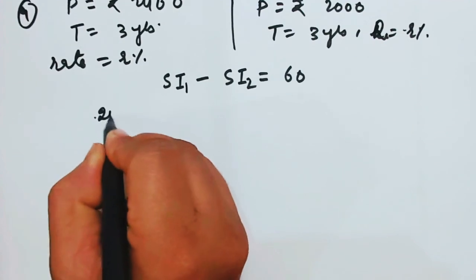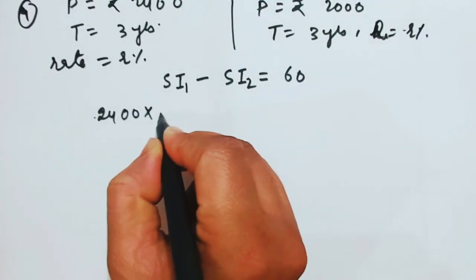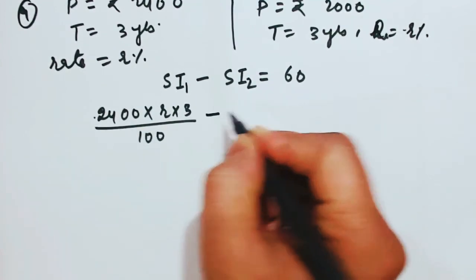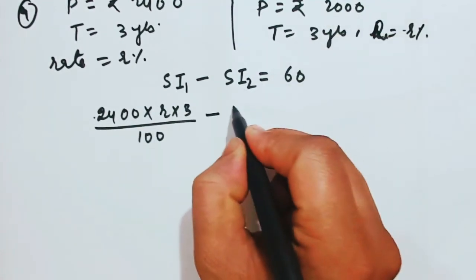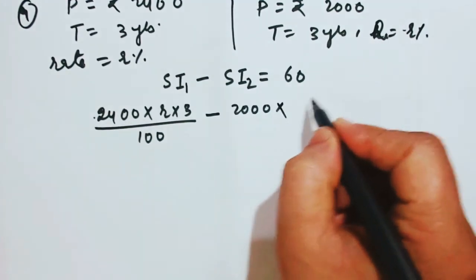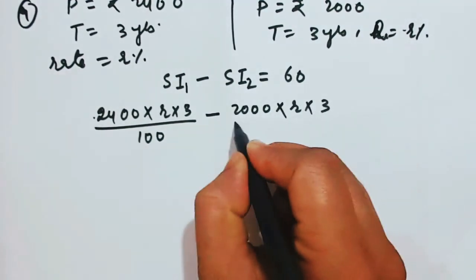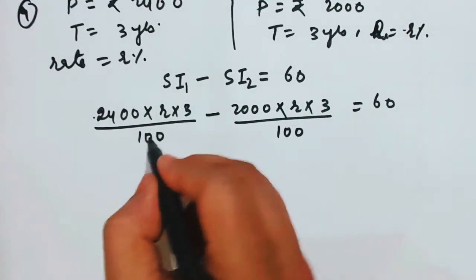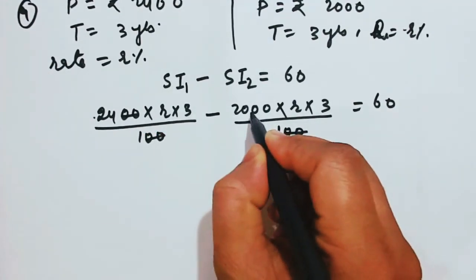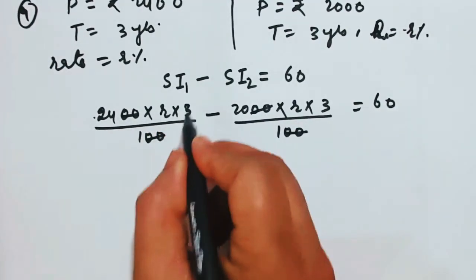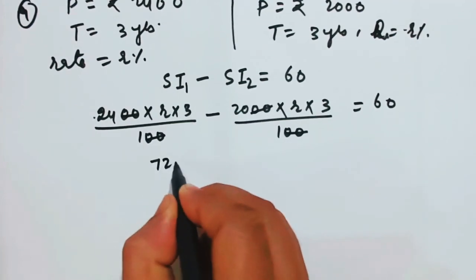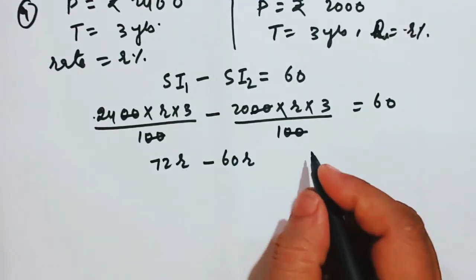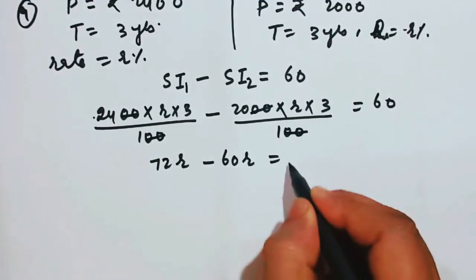So better, 2400 principal into rate into time by 100 minus principal, that is 2000 into rate into time by 100 is equal to 60. तो क्या नाटक है भाई. सी ओहो, 24 into 3 is equal to how much? 72R minus 20 into 3, 60R is equal to how much? 60.